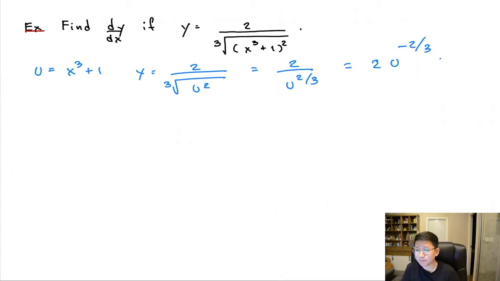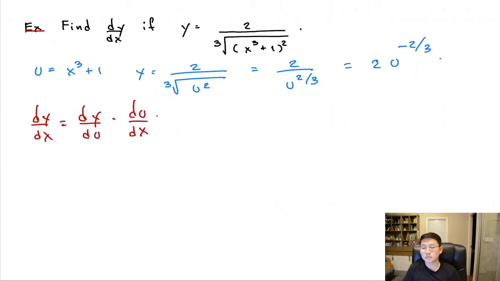Okay, next. dy by dx is dy by du times du by dx. So what is dy by du? dy by du would be, you differentiate this guy, right?